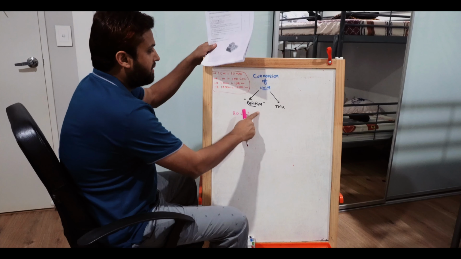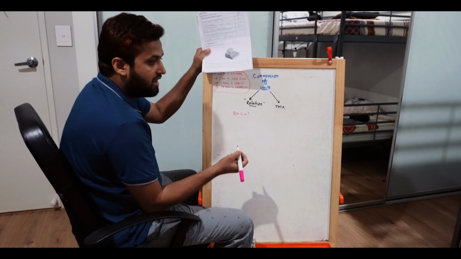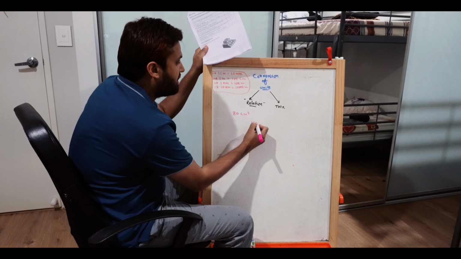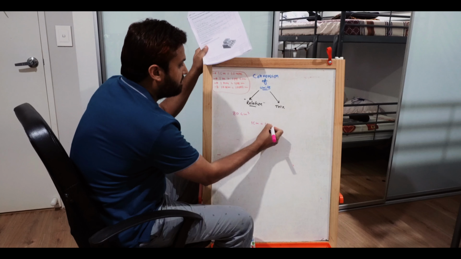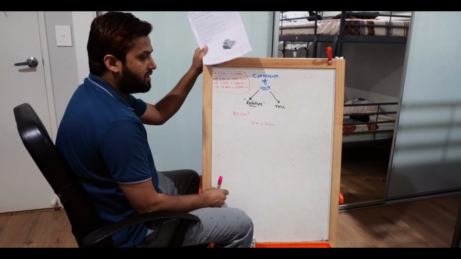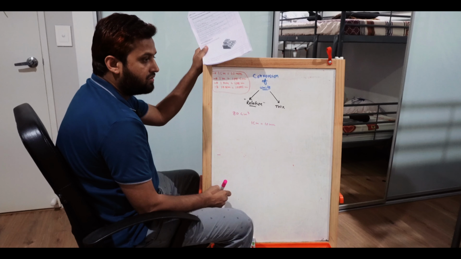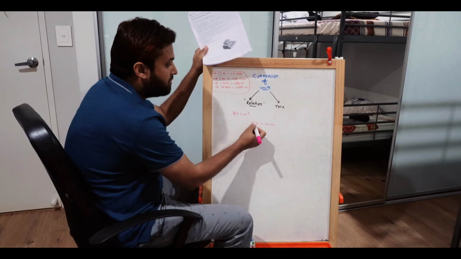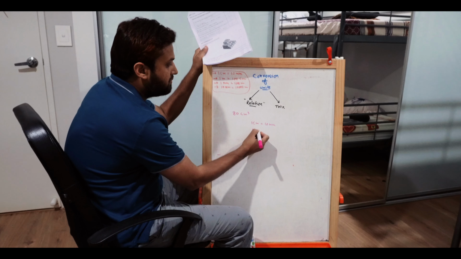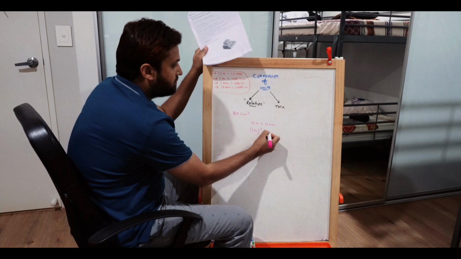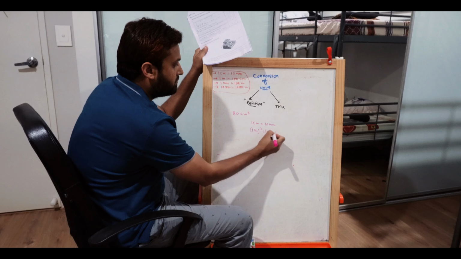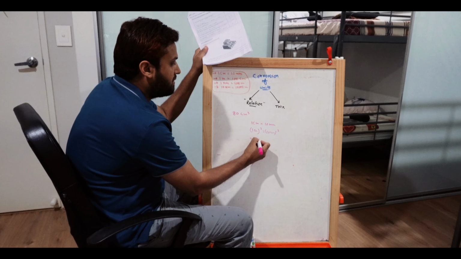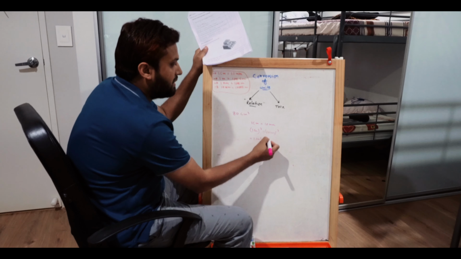First, find the relation. What's the relation between centimeter and millimeter? 1 centimeter equals 10 millimeter. Now we are talking not length, not area, but volume, right? So we do cube. 1 centimeter cube equals 10 times 10 times 10.